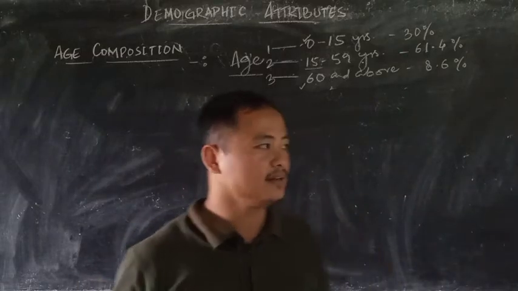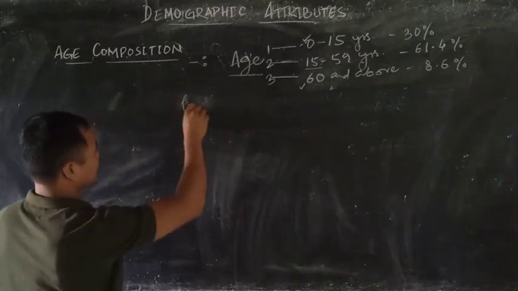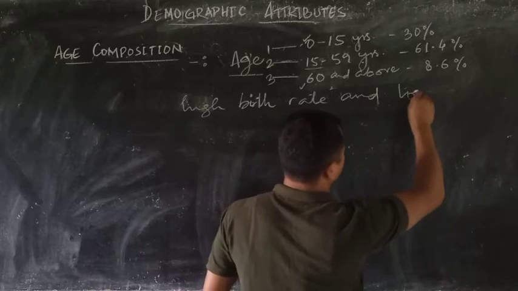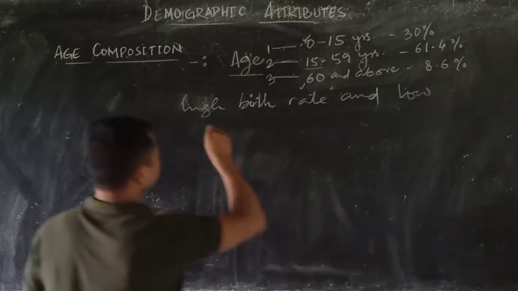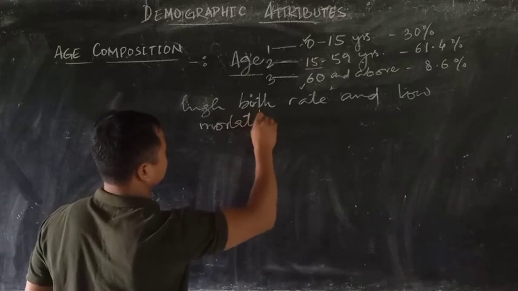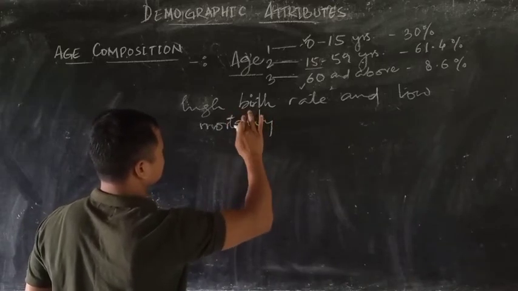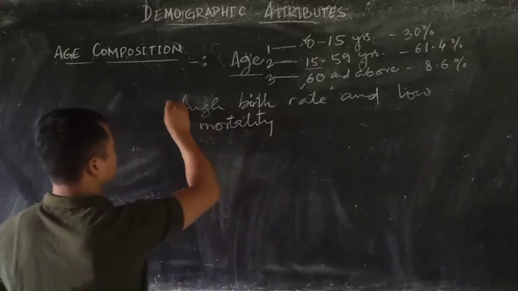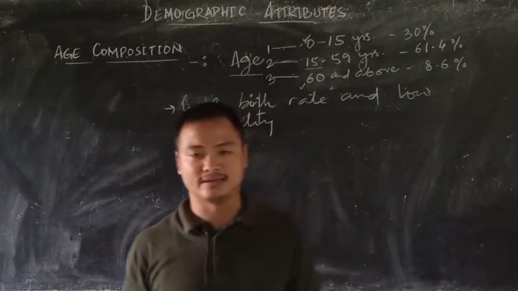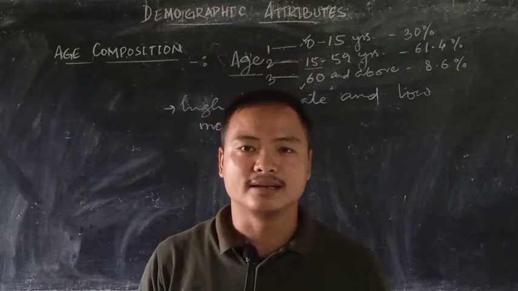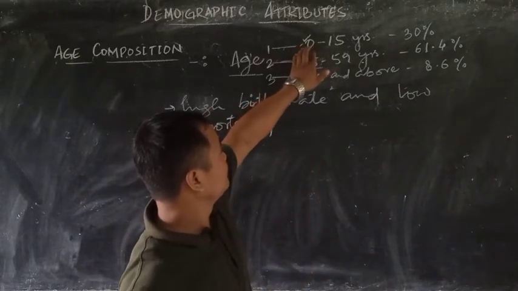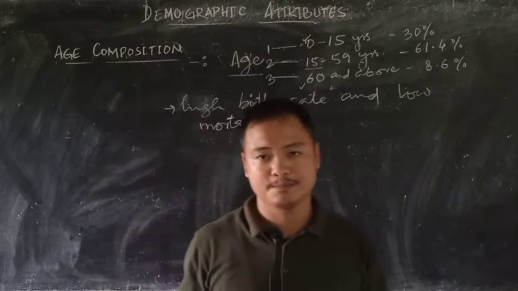The reason is that India has a high birth rate and low mortality rate. So this results in a higher percentage of the group between 0 to 15.